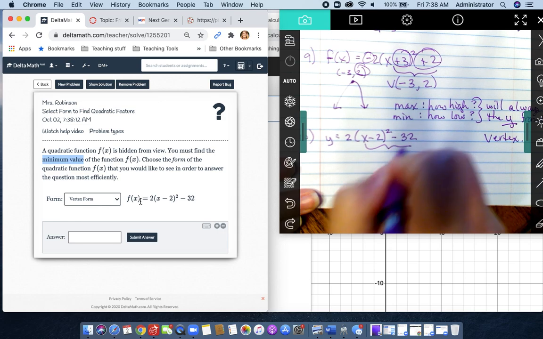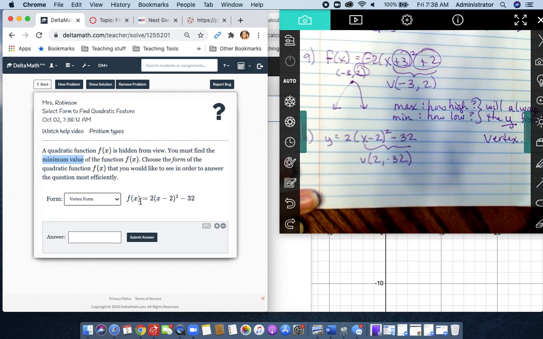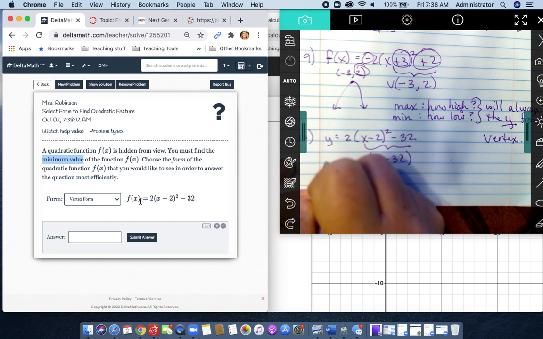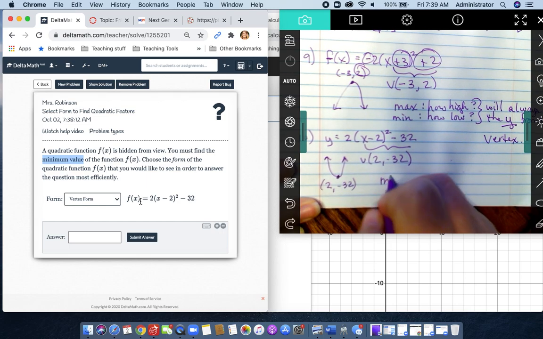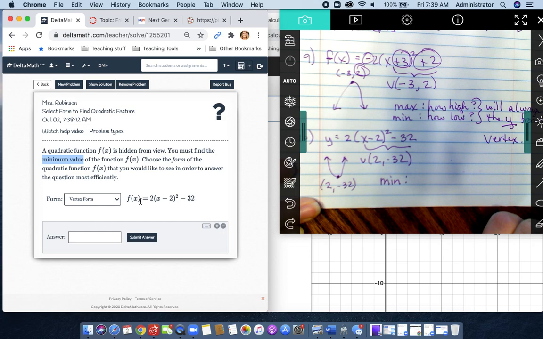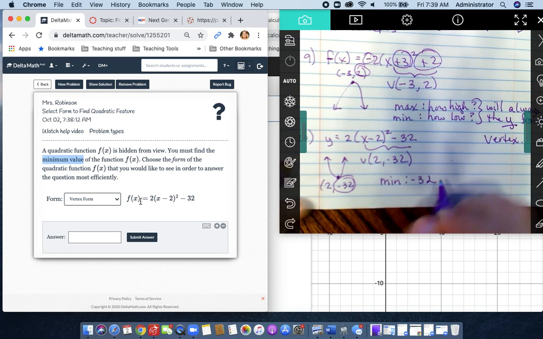So here my vertex is 2, -32. Again, the difference is my a is positive, so that means this point is at 2, -32. So when it says what is the min value, I'm asking for how low is it. Well, this is my lowest y value, so my min is going to be -32.